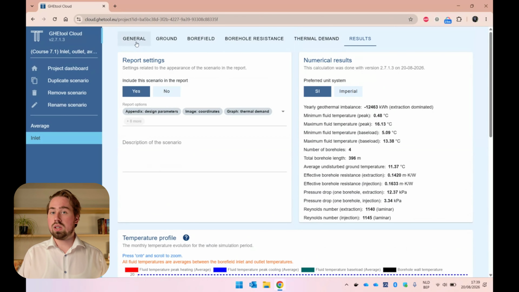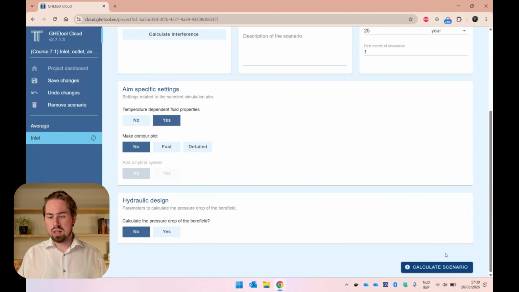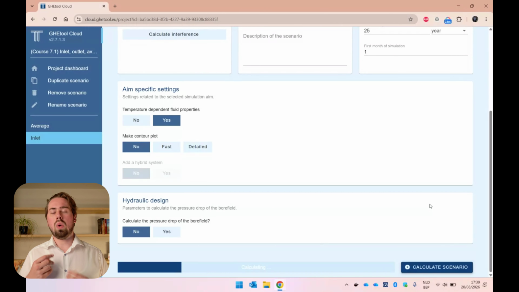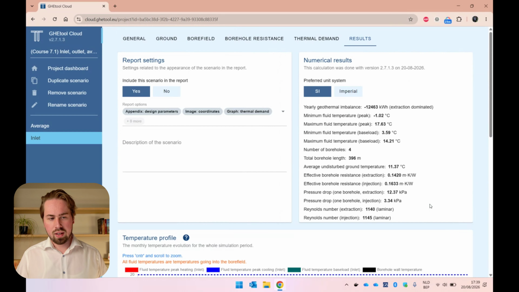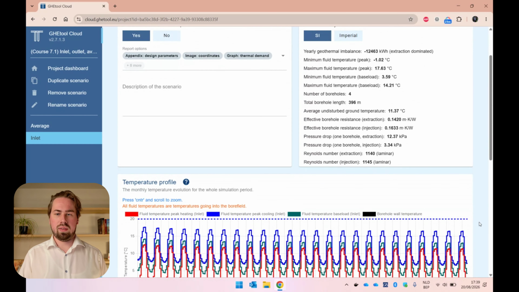For that, let's go to the General tab, select the inlet temperature, calculate it, and now everything will automatically be converted to working with inlet temperatures. And what you see here is exactly what we discussed. It's now a very worst case situation. It's not almost 0.5 degrees Celsius anymore, but -1 degrees.